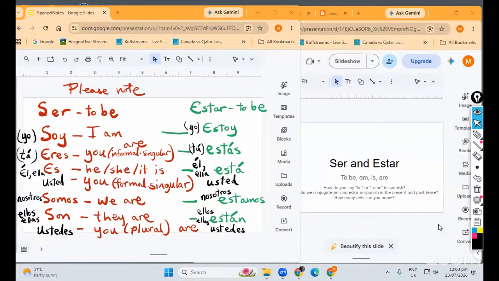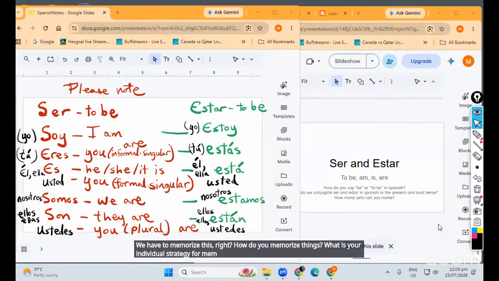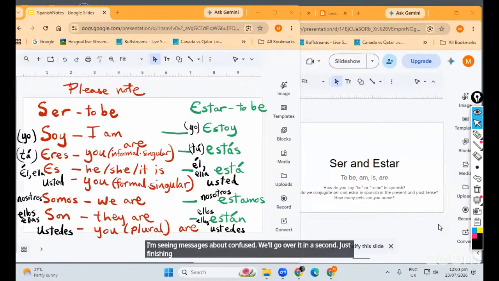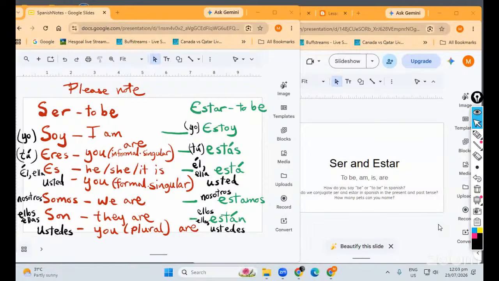We have to memorize this, right? How do you memorize things? What is your individual strategy for memorizing something? I'm seeing the messages about being confused. We'll go over it in a second. Just finish the note first and then we'll go over it. I will explain it again.